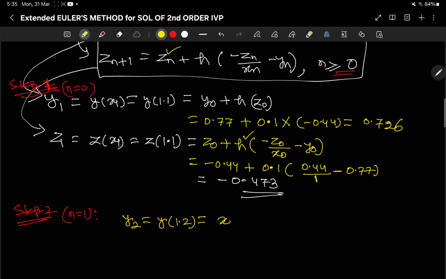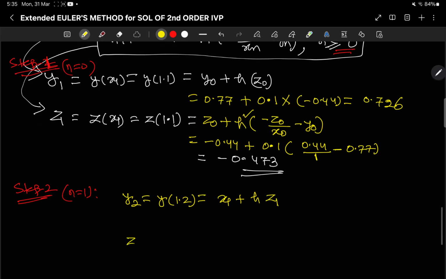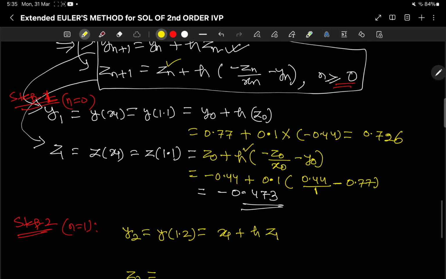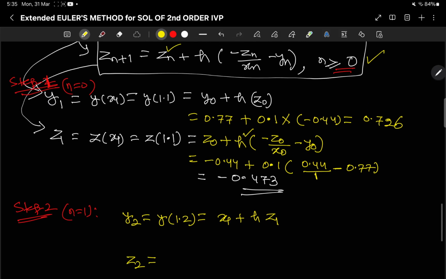It will be y1 plus h z1. And here z2 will be z of 1.2. So this will be z1 plus h into the formula, minus z1 by x1 minus y1. So here z1 will come from this.